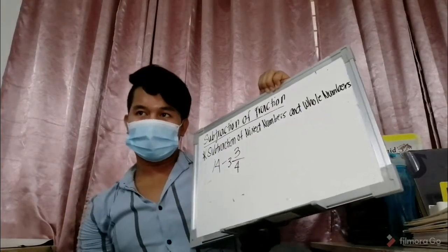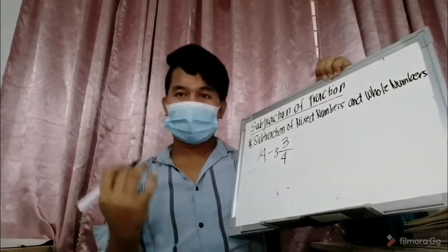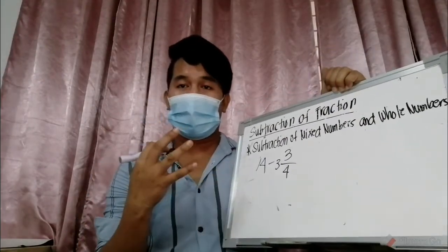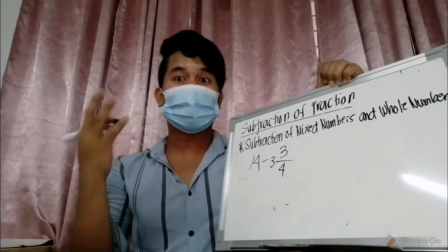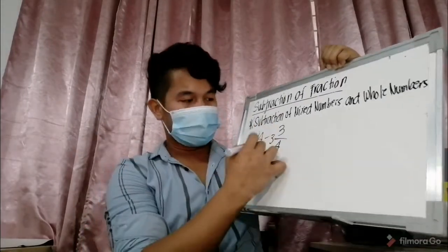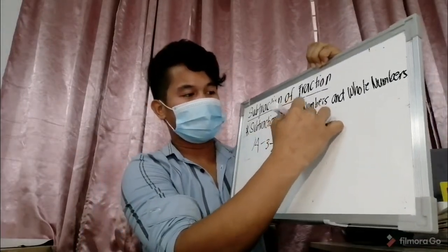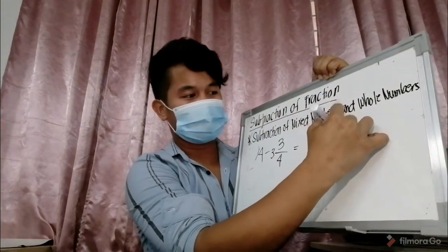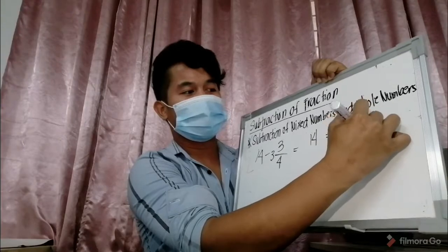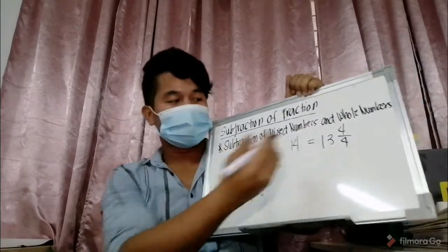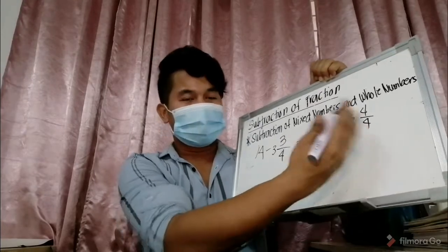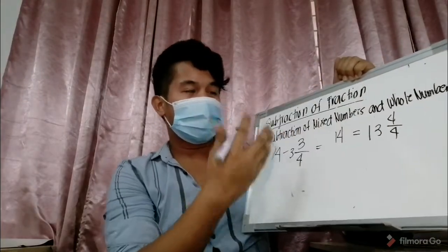So as you can see, we need to reduce 1 unit from the minuend. So from 14, it will become 13 and 4 over 4. So 13 and 4 over 4 is also equal to 14. That is why we can now subtract.